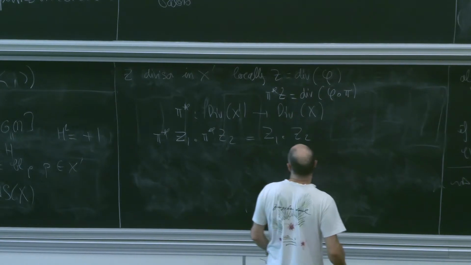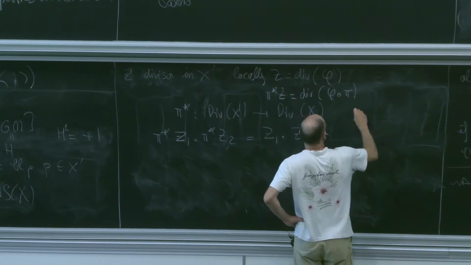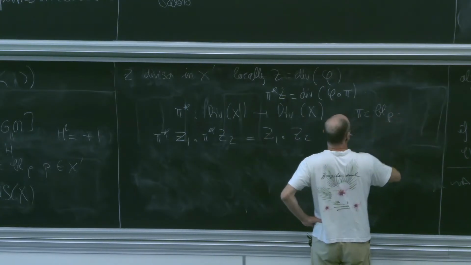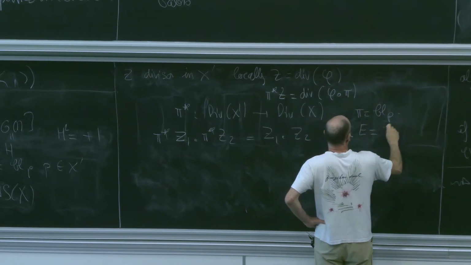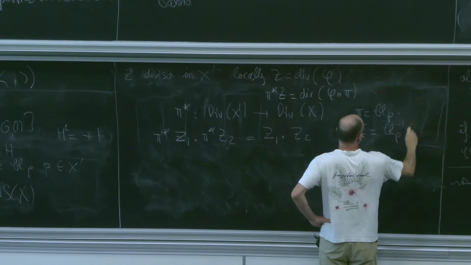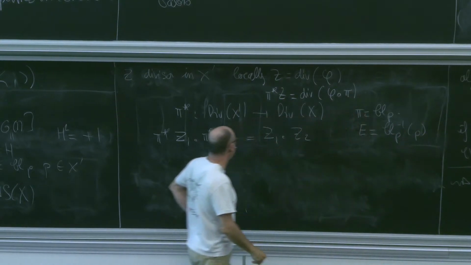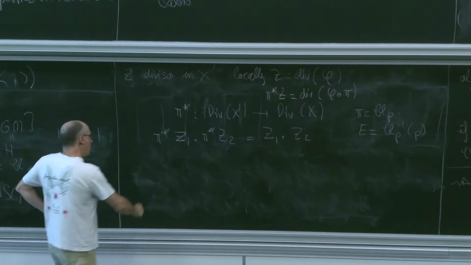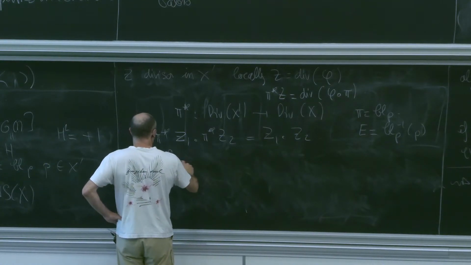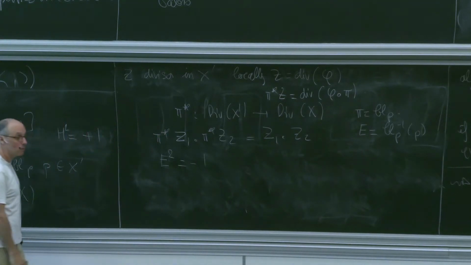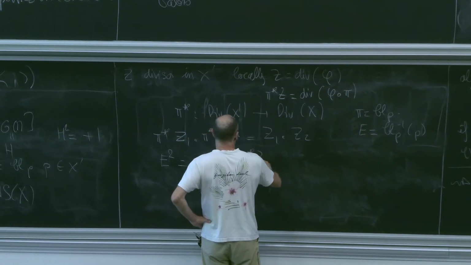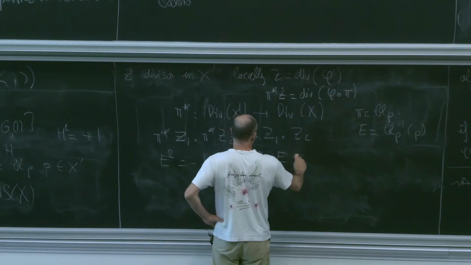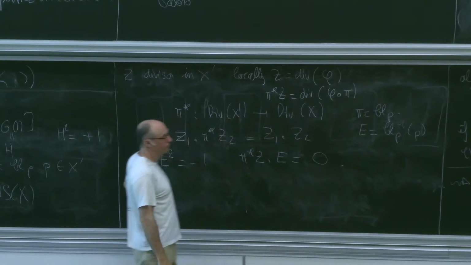Also, remember that pi is a blow up at a point, so you have an exceptional divisor E, which is the preimage of the point P. A well-known fact is that E squared is equal to -1, and the intersection of the pullback of any divisor with E is equal to 0.